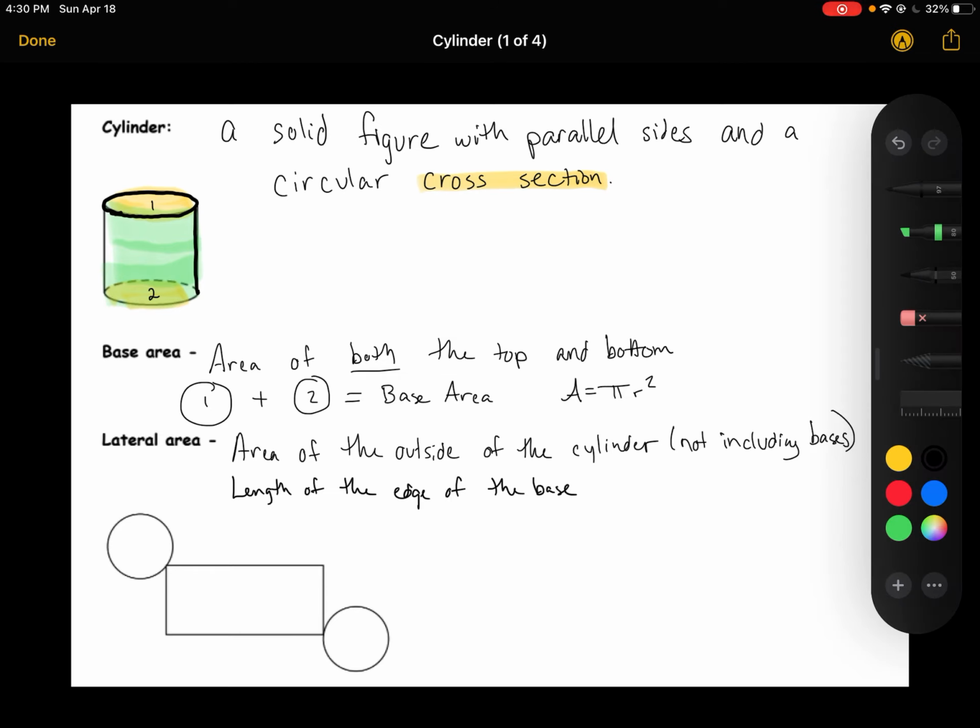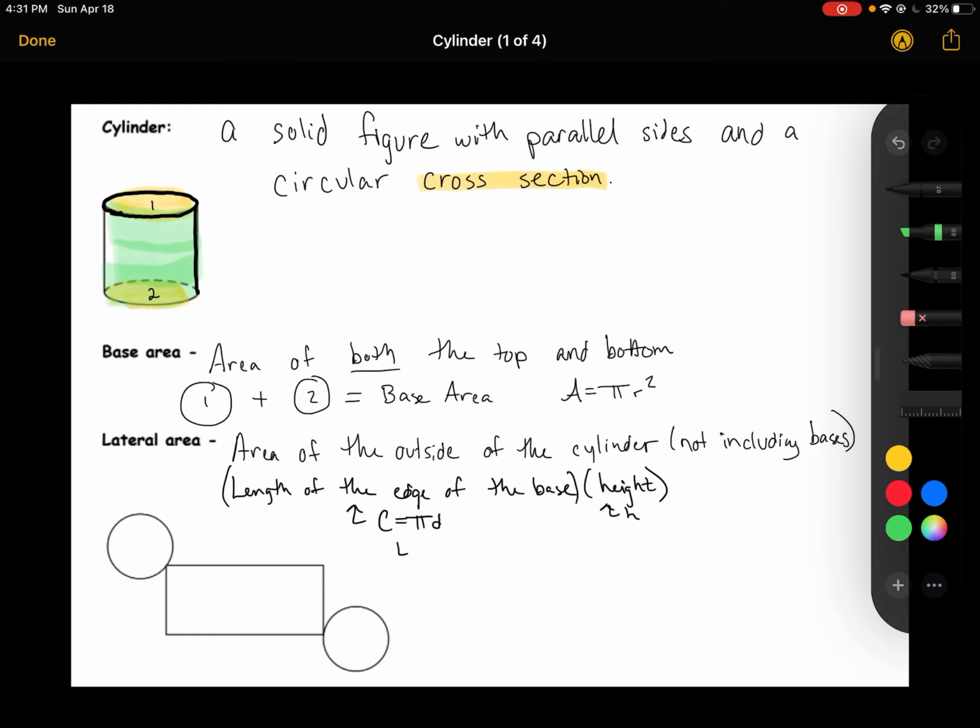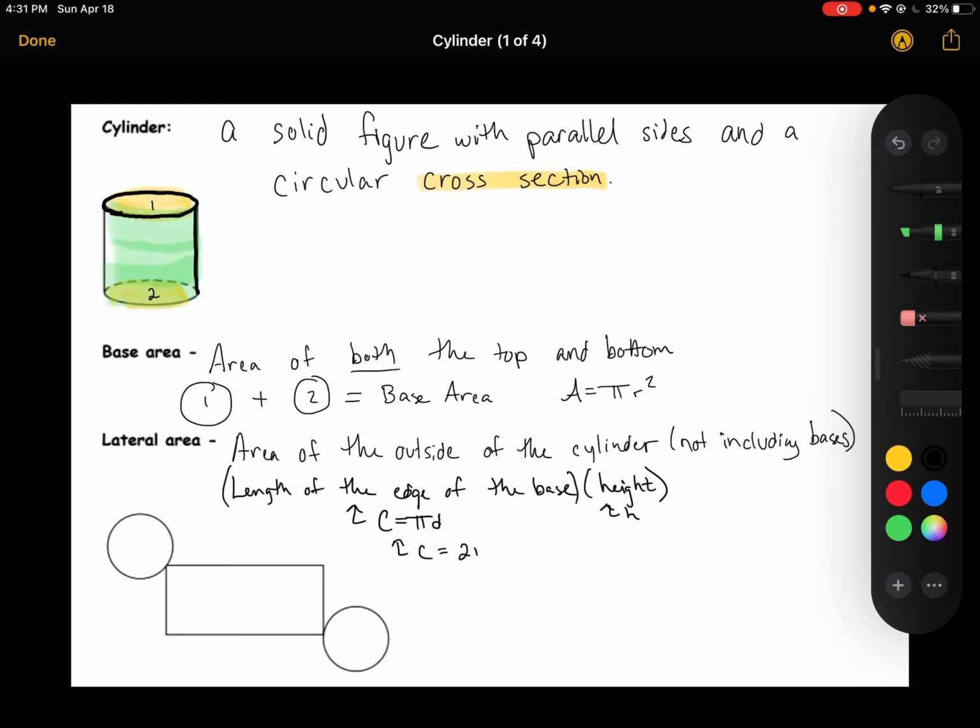We take the length of the outside edge, and then we multiply it by the height. For a circle, we call this the circumference. That's going to be pi times the diameter of the circle, and then the height is just the height. Another way you might see circumference written is 2 pi r, because diameter is 2 times the radius. So there are a few different ways you'll see this.